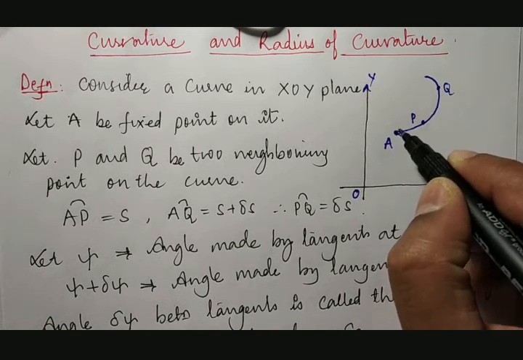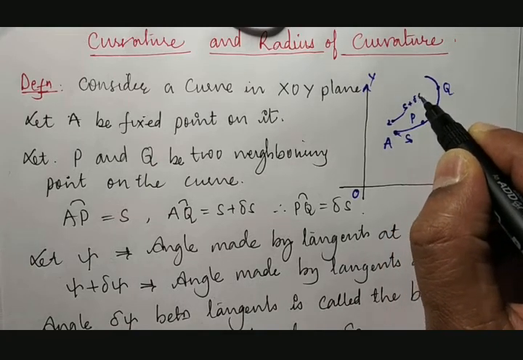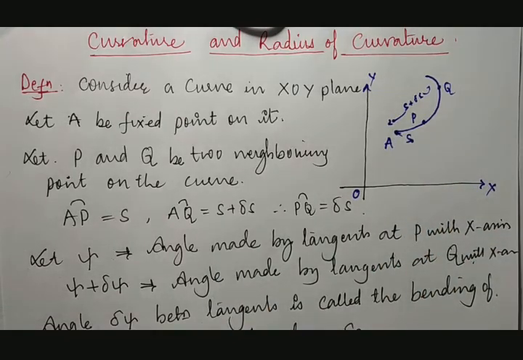So the overall distance from A to Q will be taken as S plus delta S. What it means?